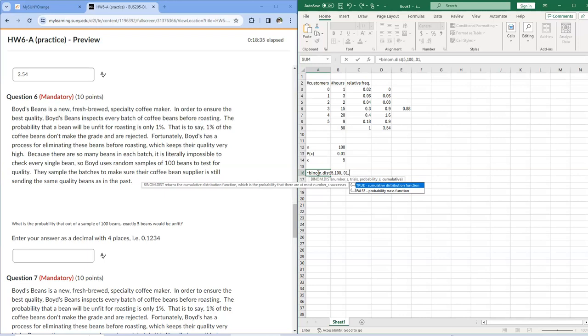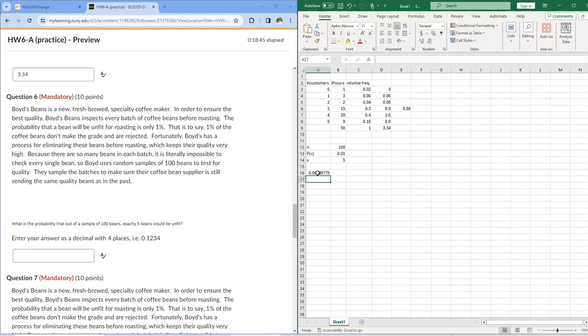And I do not want cumulative, because cumulative would give me the probability of 5 or fewer. So I'm going to put false. And there's my answer. I'll round that to 4 decimal places before I enter it in. I get 0.0029.